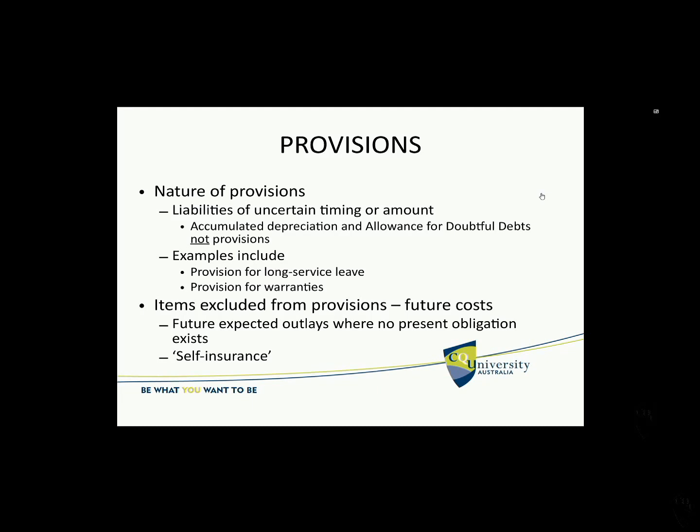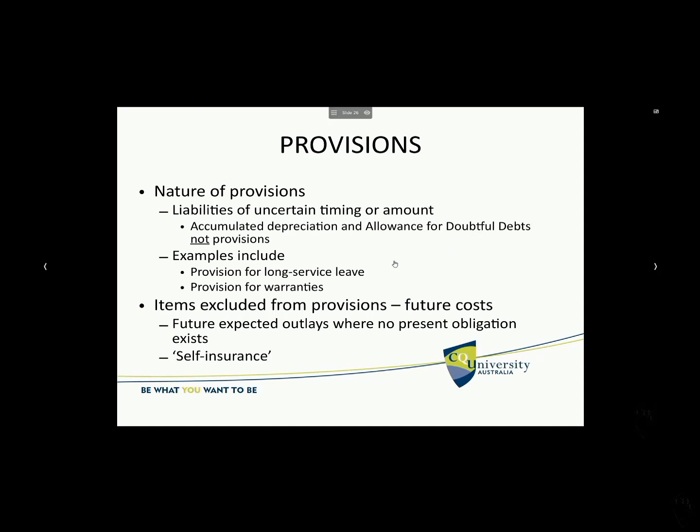Even though they are credit accounts, they are not provisions. They are a special type of account called contra accounts because their value is contraed or set off against their companion account in the balance sheet.